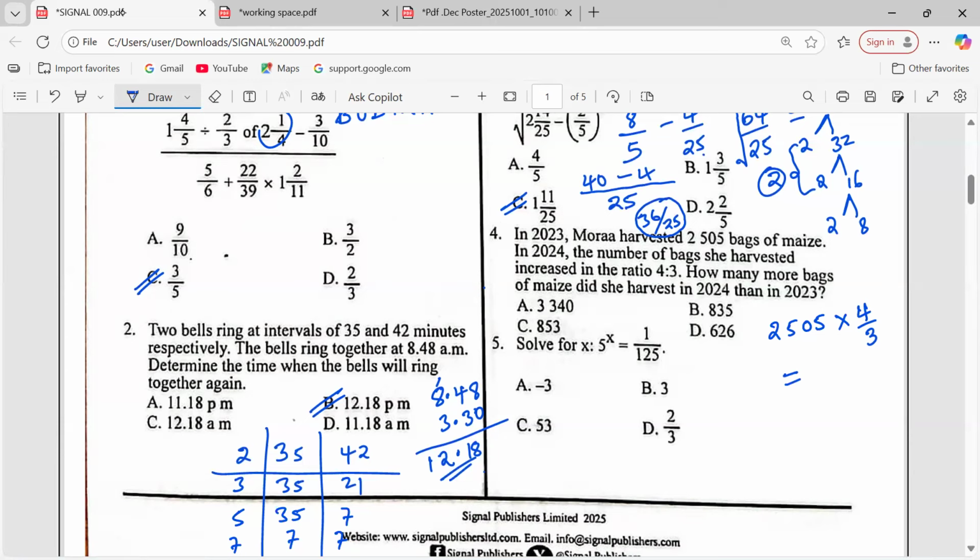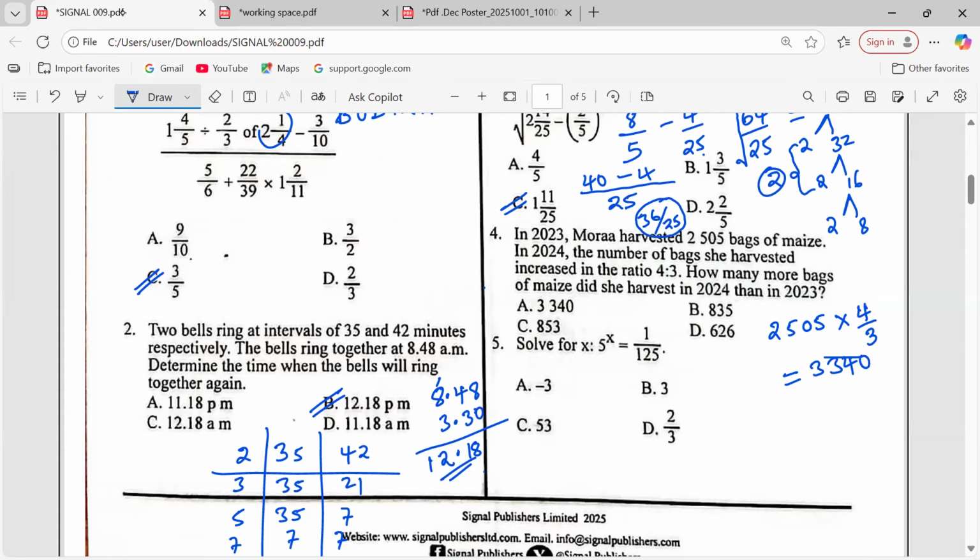If it was a decrease, then the smaller proportion should have been the numerator. So when we multiply this by 4 out of 3, ladies and gentlemen, I'm getting 3,340. So this is the new number of bags, 3,340, the new number of bags that Mora shall be harvesting.